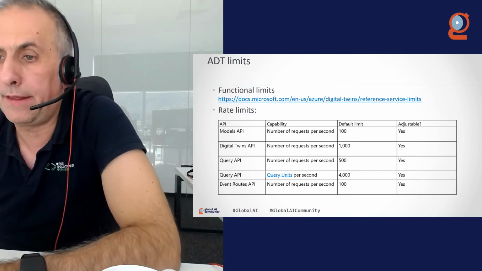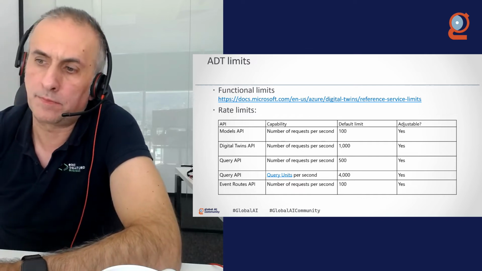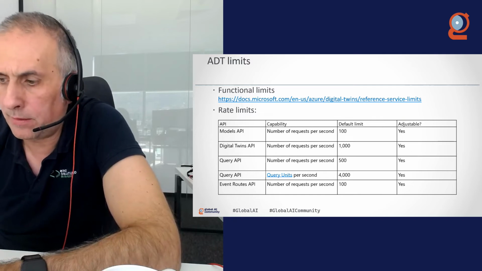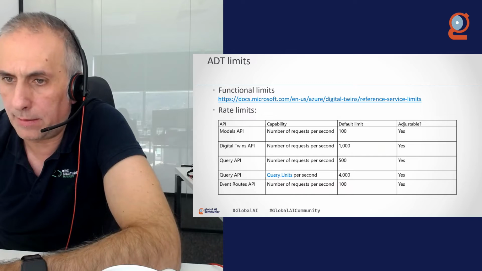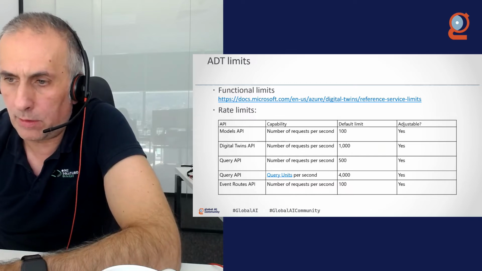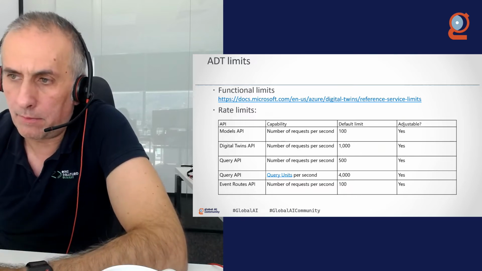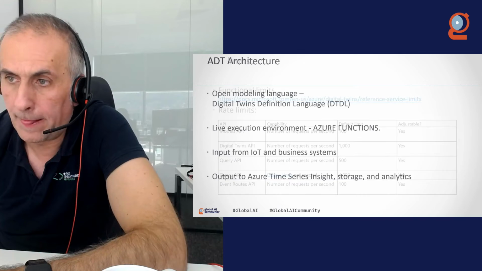So if you need to have higher hard limits for specific metrics, you can request support to increase these metrics. This is because Microsoft needs to control proper usage of this service, of course.